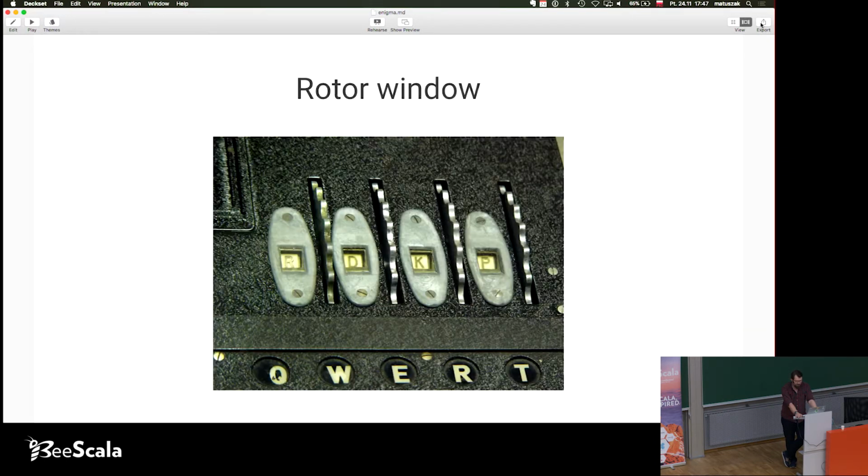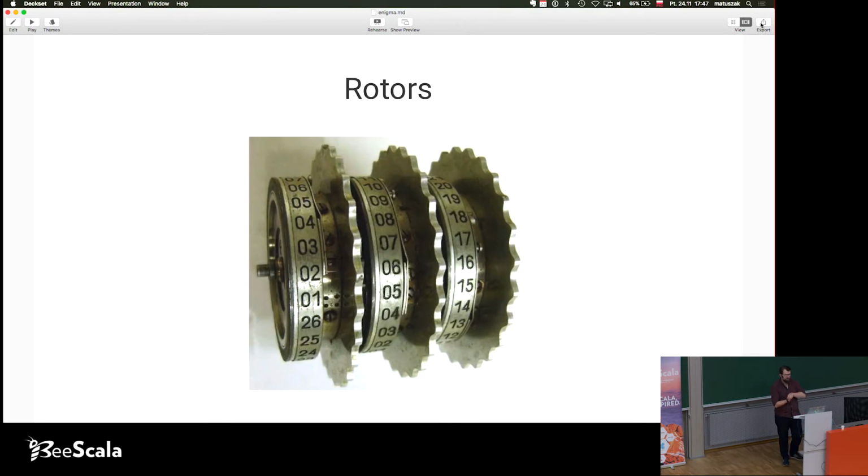And the basic building blocks of this machine are rotors, which look something like this. You have a rotating piece with numbers 1 to 26 or letters, depending on the design.